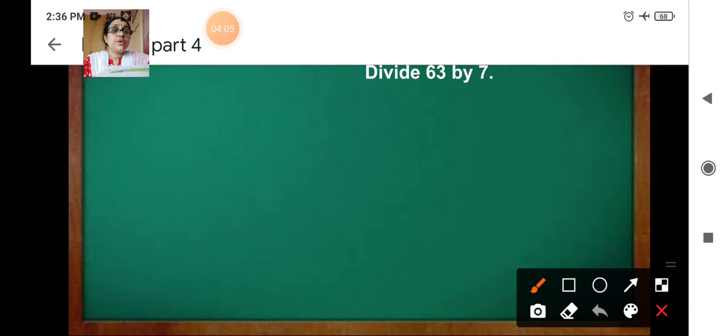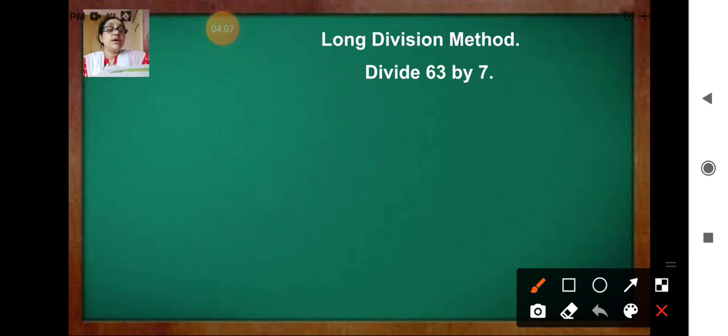Now long division method. Divide 63 by 7. How will you write? What will you make? One box here, 63, and then 7 here. What do you have to do? You have to say the tables of 7. So start. 7 ones are 7, 7 twos are 14, 7 threes are 21. Do you remember the tables of 7? Have you learned?